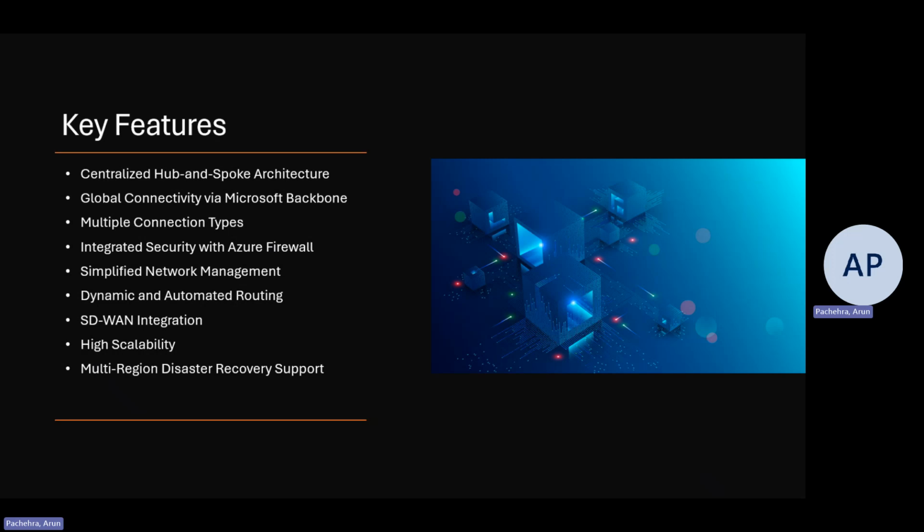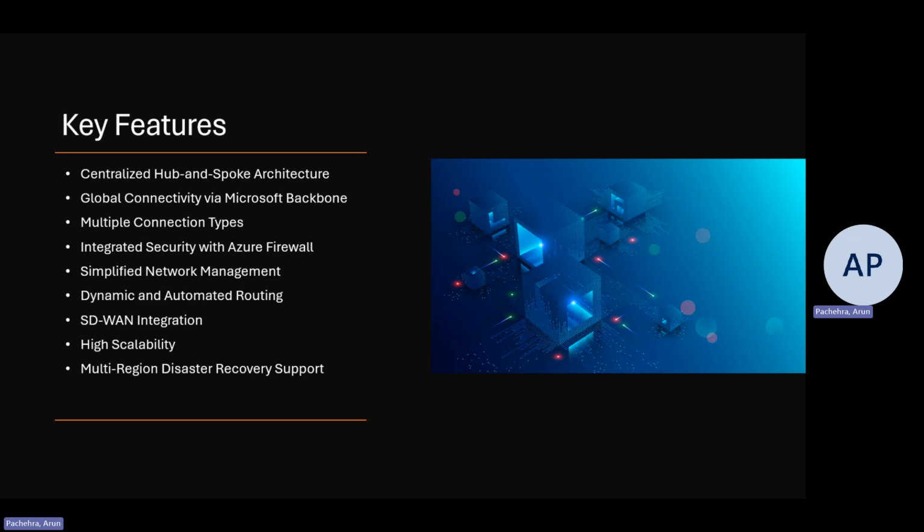And Azure Virtual WAN is designed to support thousands of connections across global regions, accommodating growing enterprise networks, so it is highly scalable. And yes, this virtual WAN connects Azure regions and on-premises environments, so it enables efficient data replication and disaster recovery. So we need to think from that perspective as well.